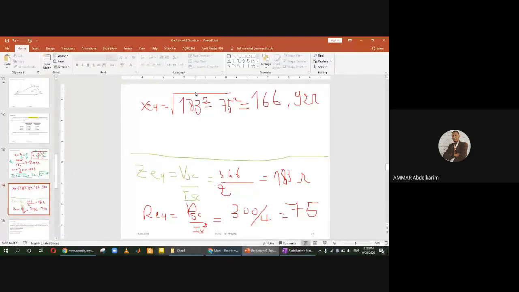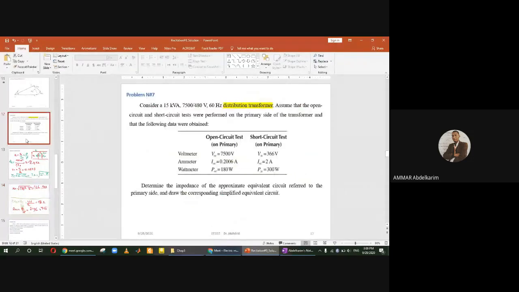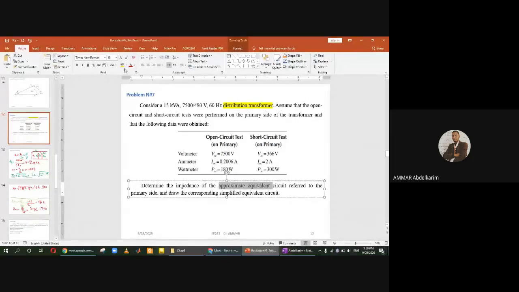Here in this problem, we are going to use that approximation, because they ask us to draw an approximate equivalent circuit, with the parameters of the approximate equivalent circuit. When we are in the approximate, we are using R equivalent and X equivalent.